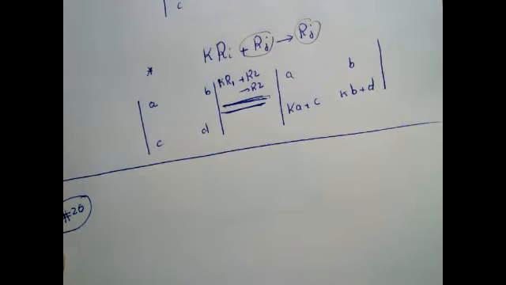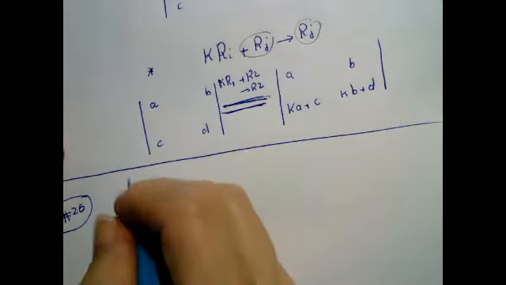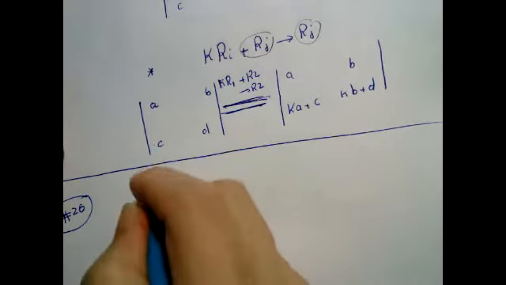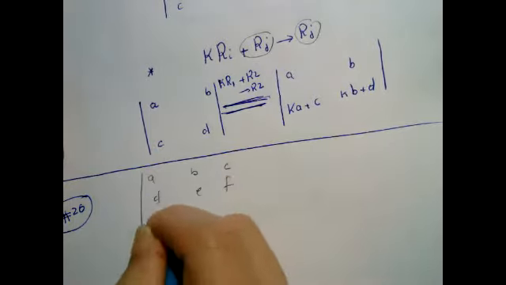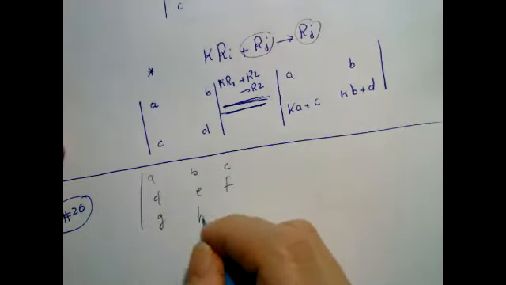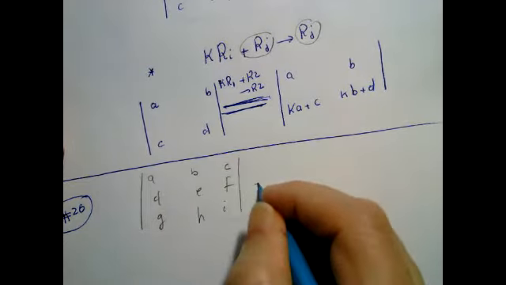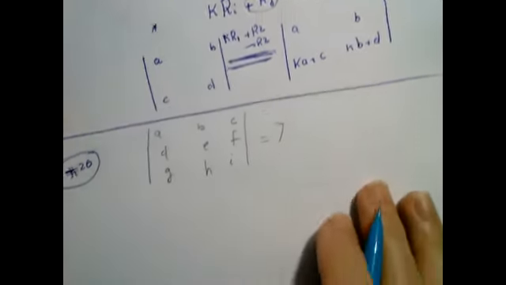Use the pencil. And the problem is the following. I have an initial matrix, A, B, C; D, E, F; G, H, I. And the determinant of this matrix is 7.